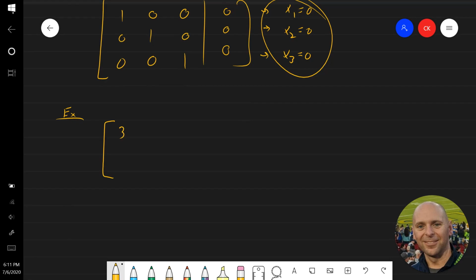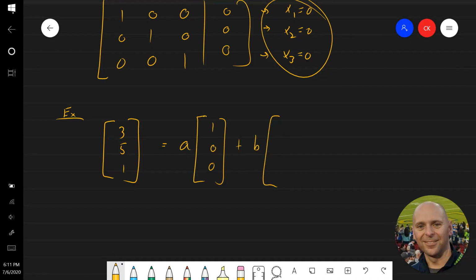I'll just take 3, 5, 1. We'll write that as a linear combination of E1, E2, and E3. It's going to be some constant a times E1 plus some constant b times E2 plus some constant c times E3.